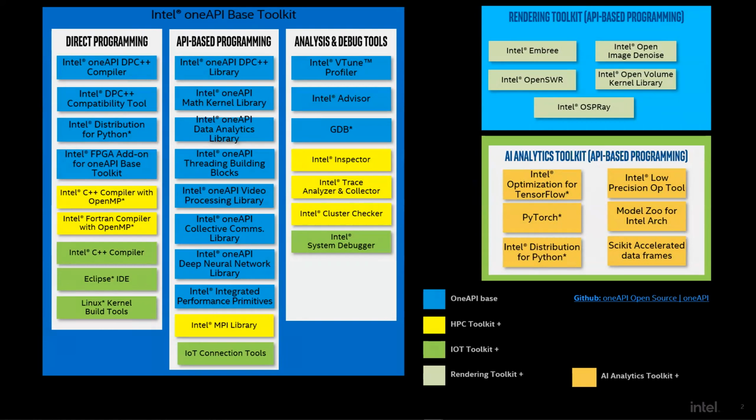Intel built several xPUs. The X can represent C or G or V, and this is to meet the requirements of different types of apps and workloads. And the different architectures of these xPUs present a challenge to developers.